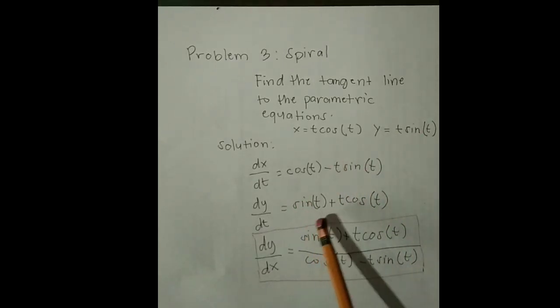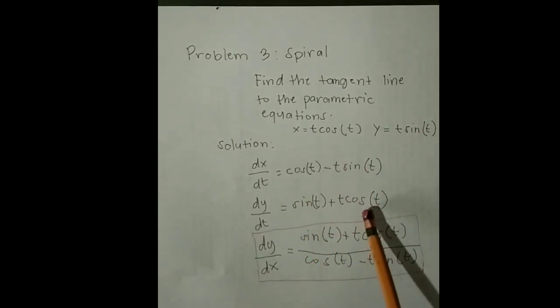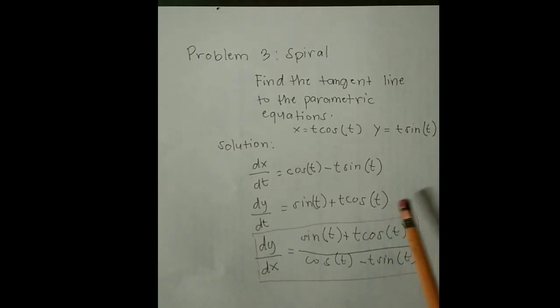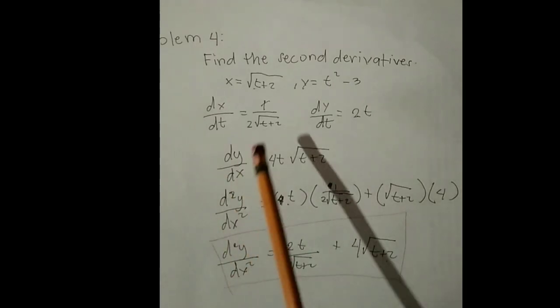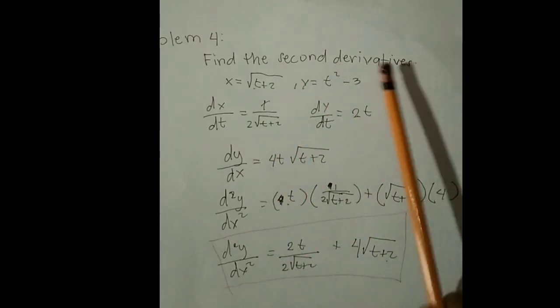Problem number 4. Find the second derivative of x = square root of t plus 2 and y = t squared minus 3. So first we derive x. The derivative of x is 1 over 2 square root of t plus 2.